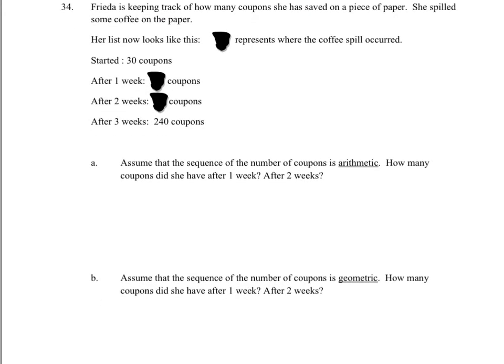Part A says, assume that the sequence of the number of coupons is arithmetic. How many coupons did she have after week 1 and after 2 weeks? So if we started with 30, then week 1 we have X amount, week 2 we have X amount, and then week 3 we have 240.